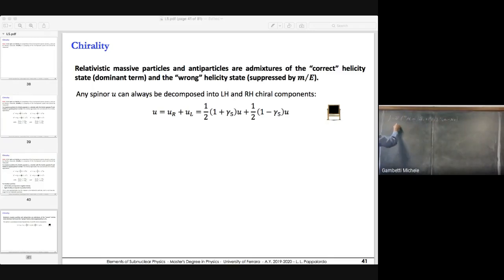We're going to have u_L adjoint gamma mu u_L, plus u_L adjoint gamma mu u_R, plus u_R adjoint gamma mu u_L, plus u_R adjoint gamma mu u_R. So we have 4 terms. Let's call these LL, LR, RL, RR.